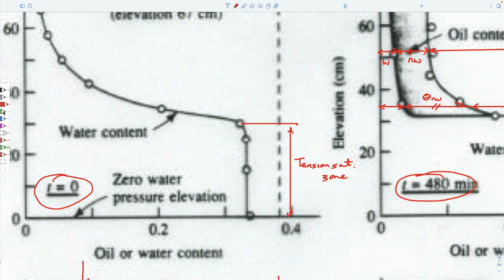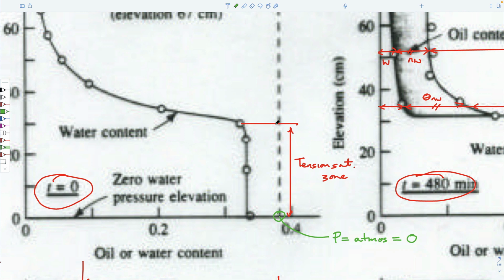And we also know, by definition, that the pressure at this point here is equal to atmospheric. So if we're using gauge pressure, that means 0 kPa. And so this is in tension, hence the tension saturated zone.